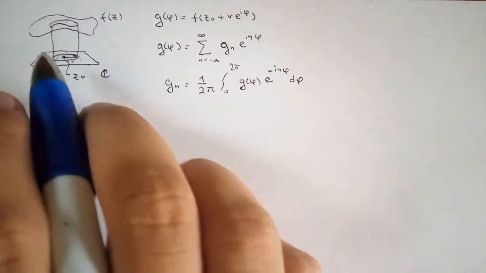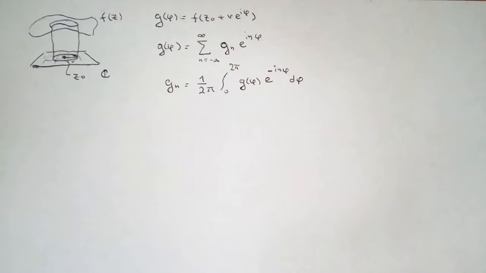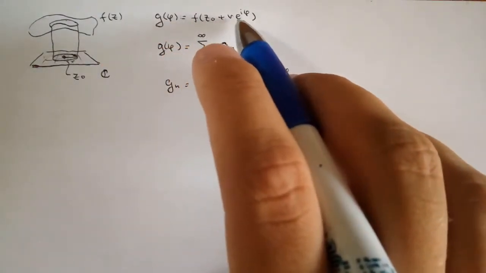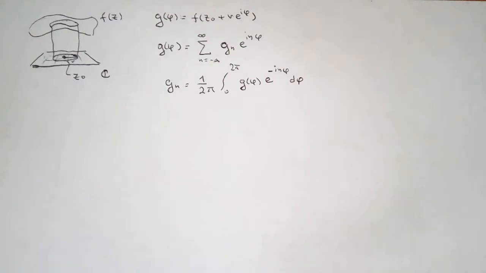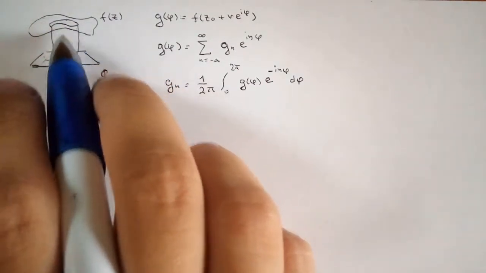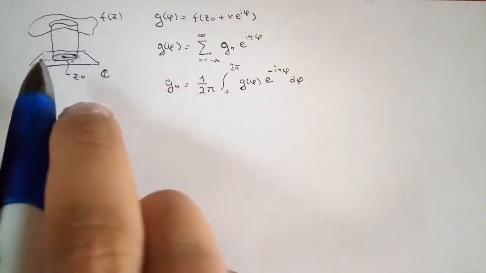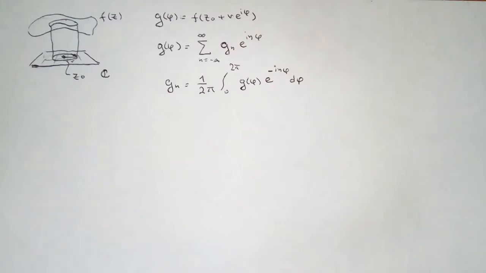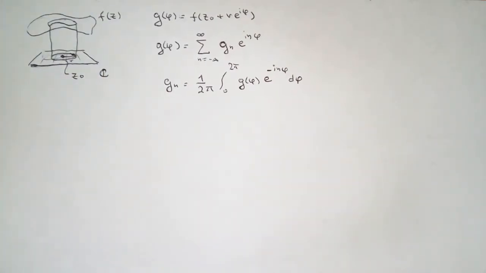complex plane. Above there I will denote the function g as a function of f(z0 + r times e to the power of i phi). This function is basically an evaluation of these heights, complex heights, but this is only a demonstration of this function g.